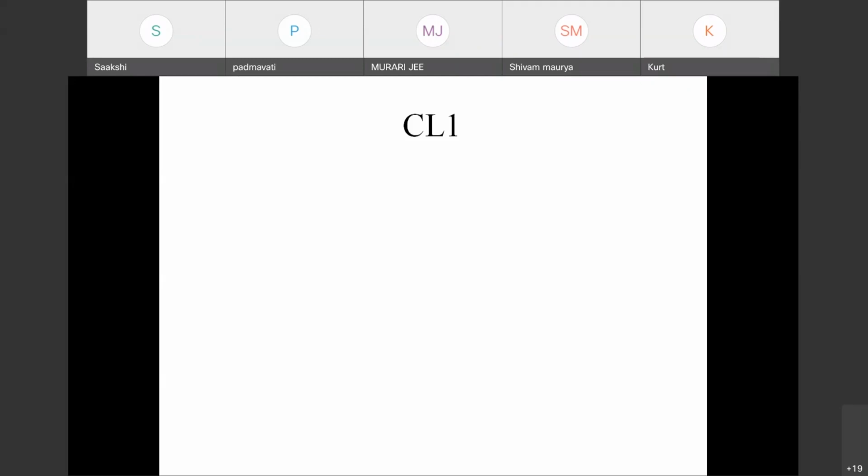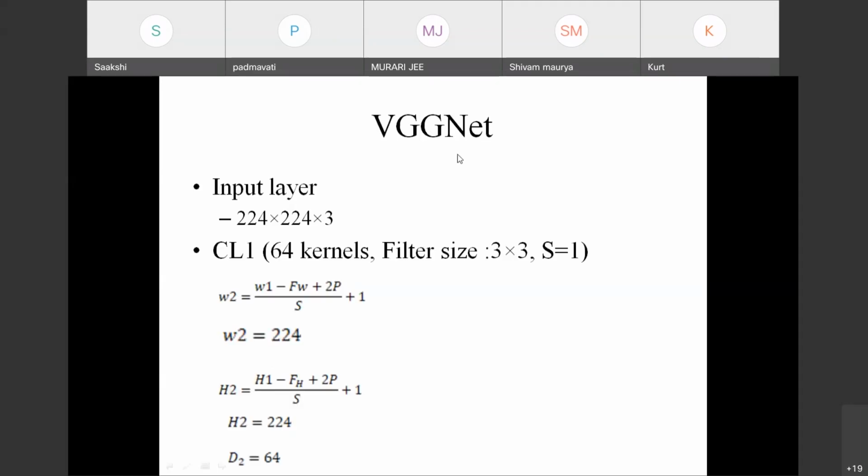Okay, good. Yes, it comes out to be 3 cross 3 cross 3 plus 1, multiplied by 64. I have not mentioned this in my slide at this point; at the end, I have mentioned the number of required learnable parameters with respect to each operation. But I can discuss with you how it has come. We take the filter size, which is 3 cross 3, and the depth of the filter is also 3.